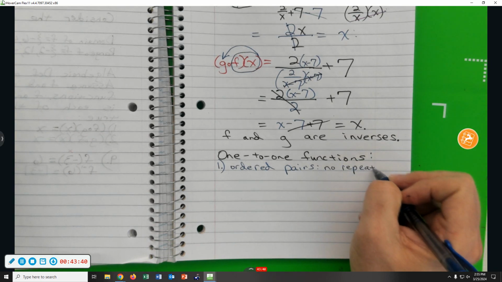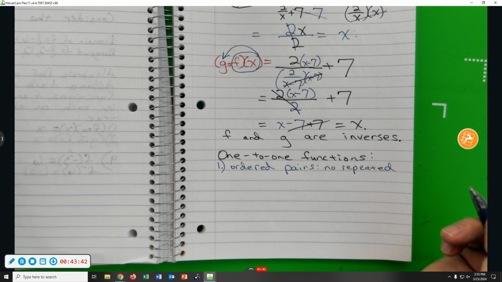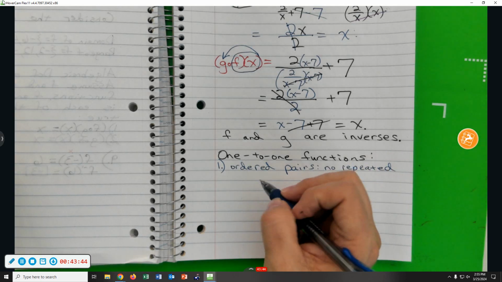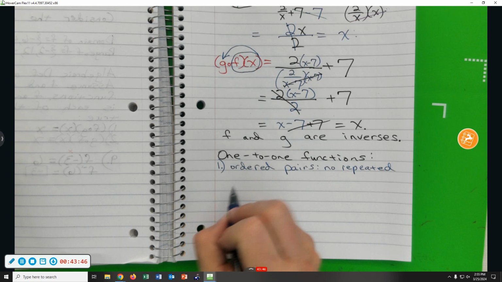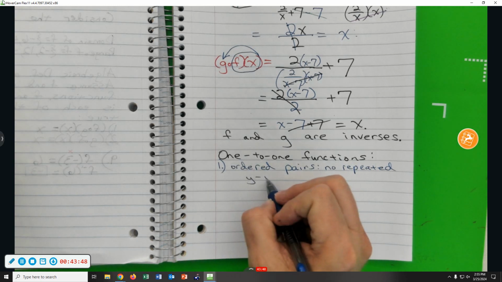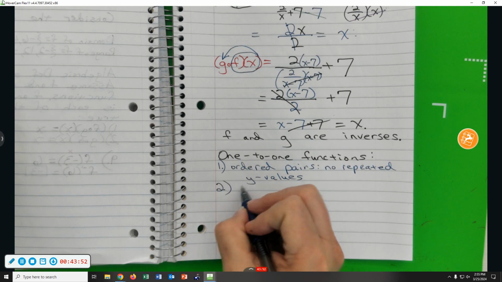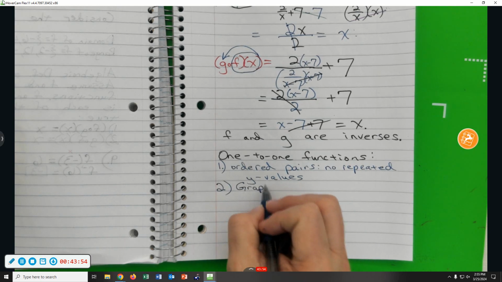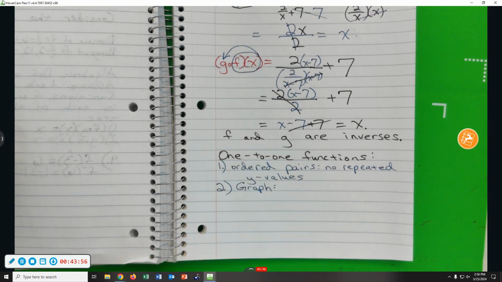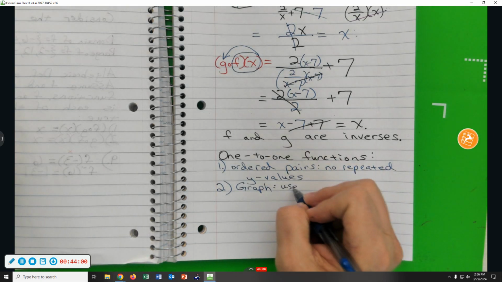You just look at the ordered pairs. Do you have the same y value? If not repeated, then they're one-to-one. No repeated y values. We said something about graphs. If you're looking at a graph of a function, it's easy to determine if it's one-to-one. Use the horizontal line test.